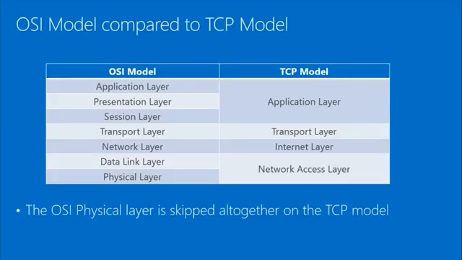And then the network access layer in the TCP model isn't really concerned. You can use Ethernet, you can use FDDI, you can use whatever you want. We don't care. We're more concerned with the upper levels. And most of you probably already know this, but TCP/IP is the protocol used for internet standards and internet communication.